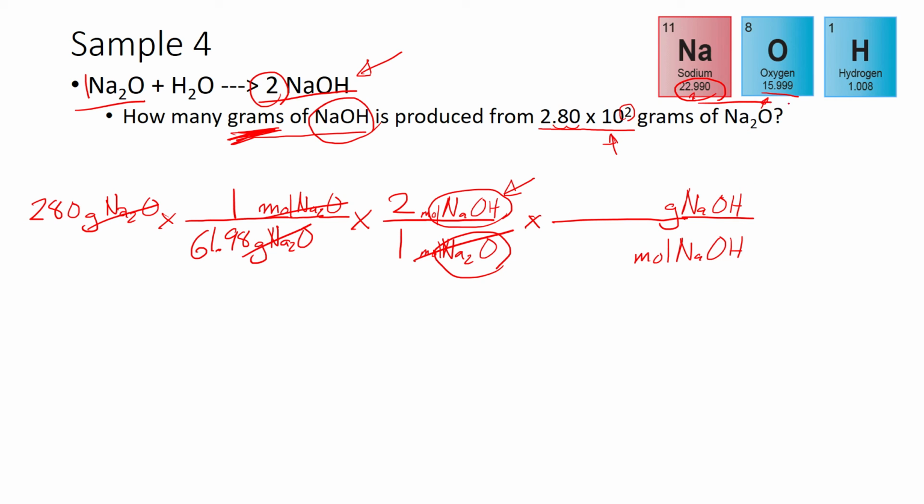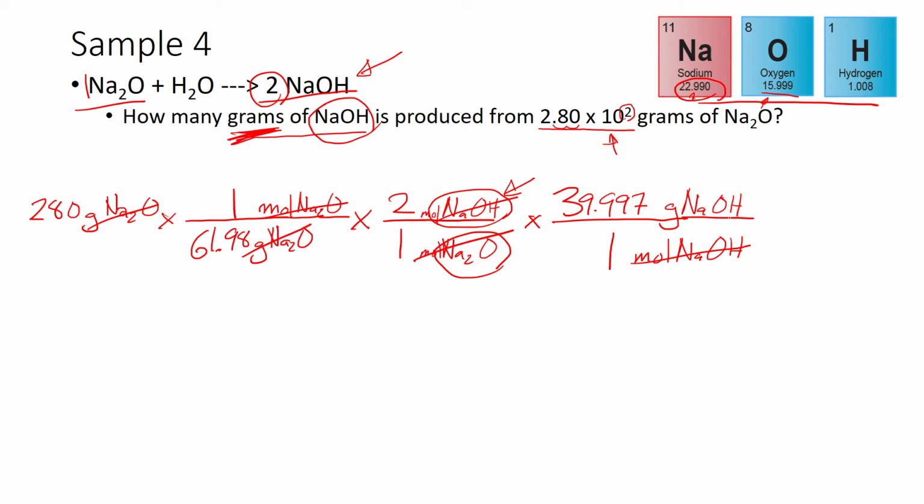That means I just have to add up these 3 masses. I know that 1 mole of NaOH is 39.997 grams of NaOH. Alright, that takes us out of moles of NaOH and into grams of NaOH.